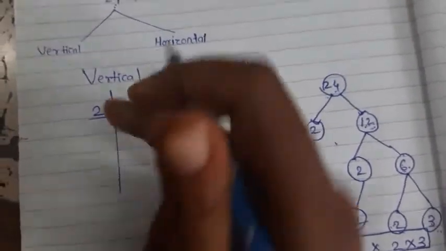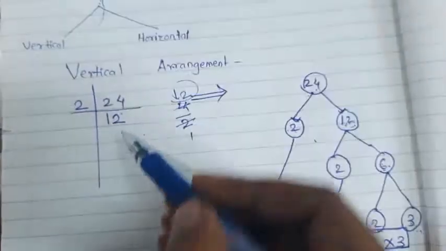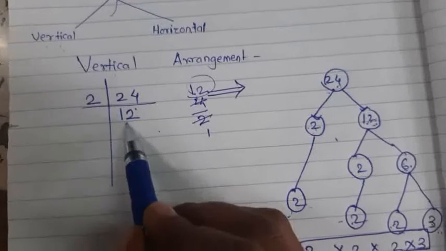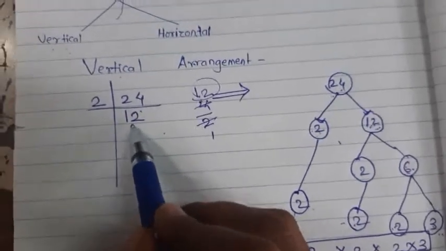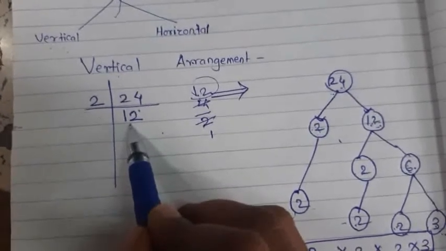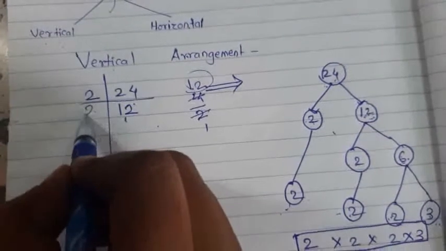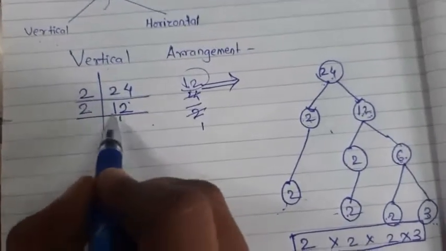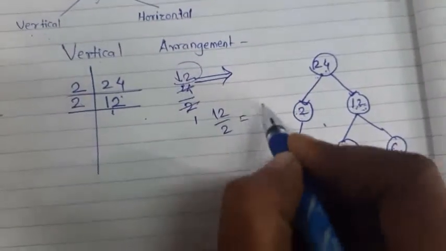Now don't think about this 2 and 24. Now we have to focus on 12. Start factorizing 12. Again start from the smaller number. 12 is divisible by 2, so here we have to take 2. And what will be the quotient if we divide 12 by 2? 12 divided by 2 is 6.